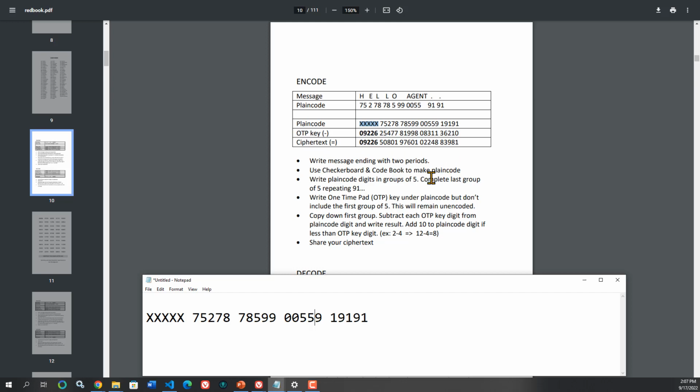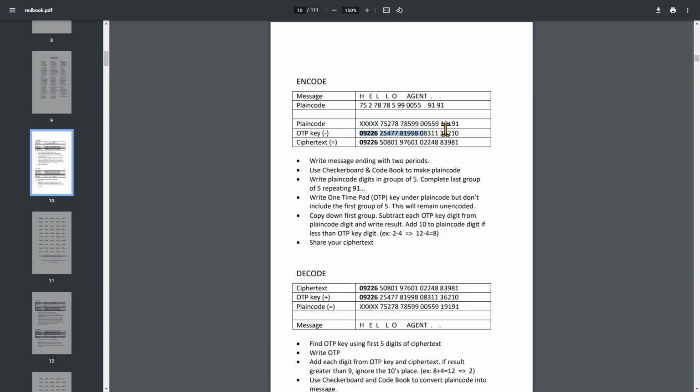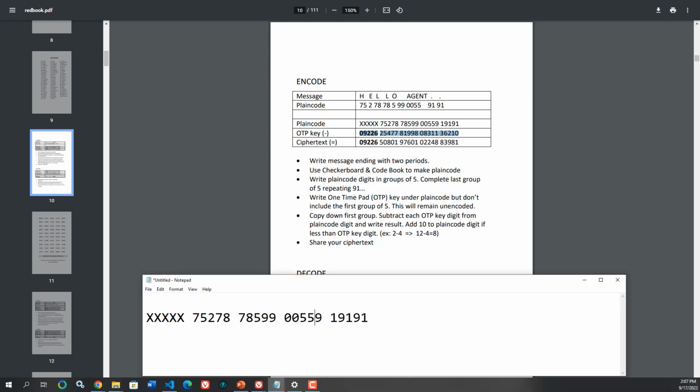That's what makes this message so hard to decode, because you have to have the exact one-time pad that matches with it. So in this case, we're going to copy the one-time pad that we have in the sample and place that under here. Now, if it's easier for you to do your math column by column, you can do it like this as well.